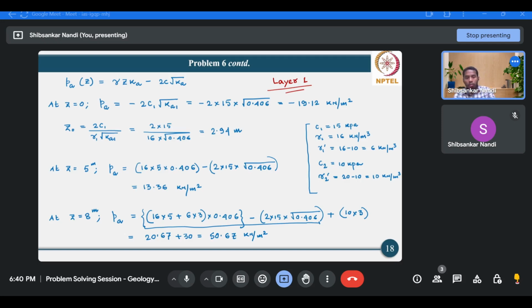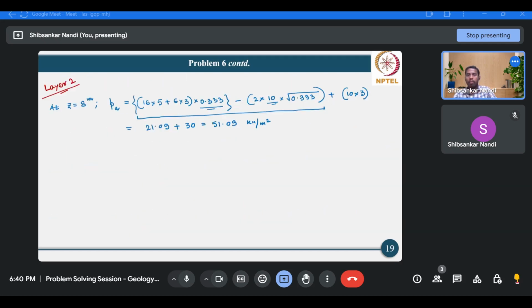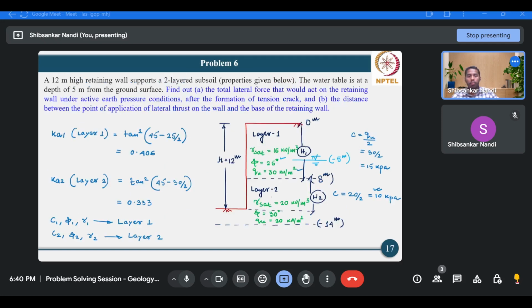Now we'll calculate the final level, that is at the base of the wall. So at z equals to 12 meter, you will see 16 multiplied by 5 plus 6 multiplied by 3 plus the additional overburden from layer 2, and it will be 10 multiplied by, what is this H2?